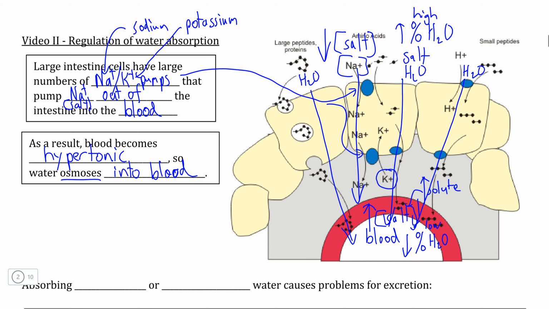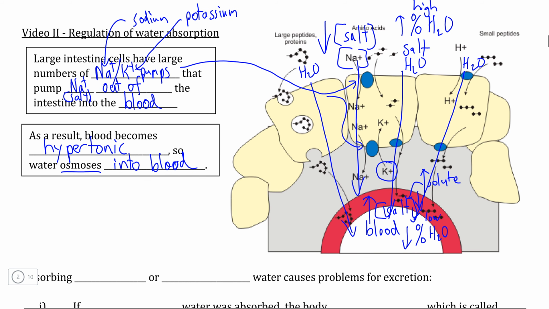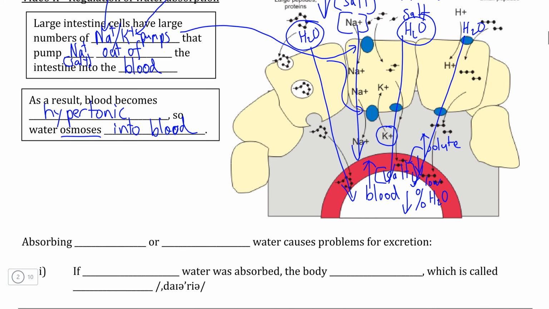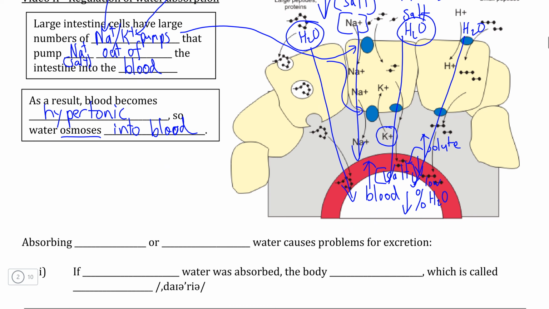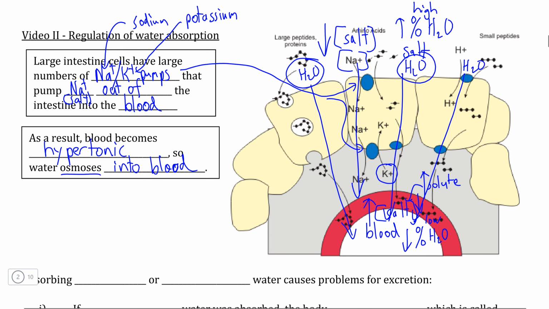This mechanism is identical to the way that transporting salt out of your skin causes you to sweat, and transporting salt out of your tear ducts behind your eyes causes you to cry. The end result is that water from inside your large intestine is going to move into your blood, increasing the amount of water in your blood and therefore allowing you to recover the water from your food.